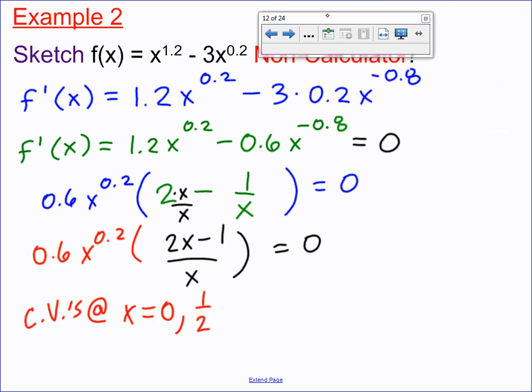So let's go ahead and do our y prime, our f prime analysis. Here we go. On my number line for f prime, we'll put our x critical values, our 0 and 1/2. We'll choose a convenient x value on each subinterval, right?